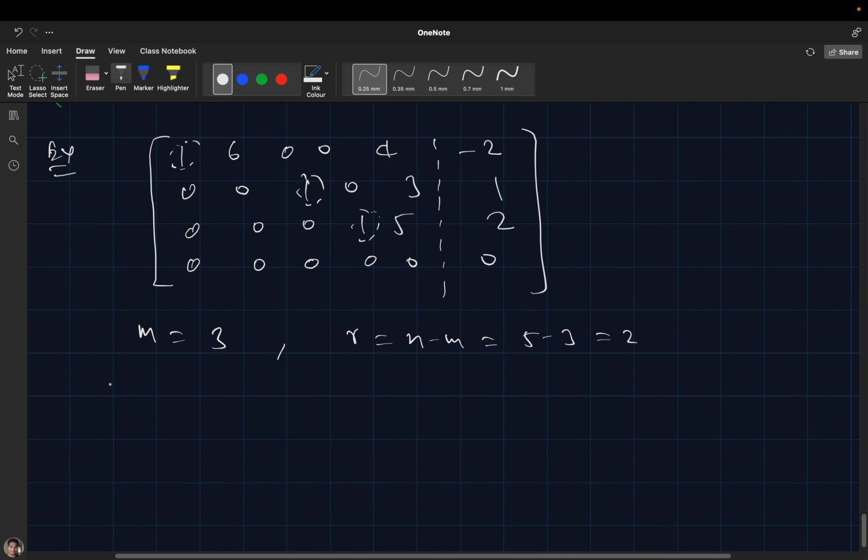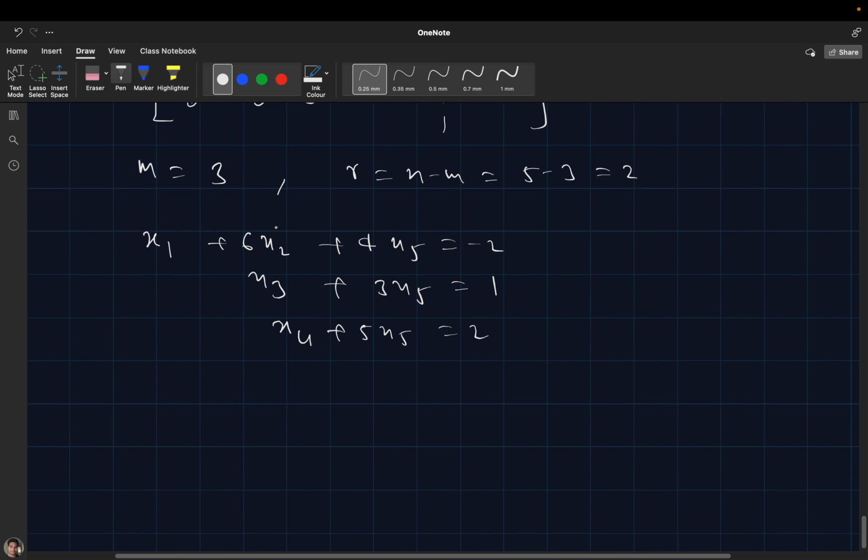You can directly write x1 plus 6x2 plus 4x5 equal to -2, x3 plus 3x5 equal to 1, x4 plus 5x5 equal to 2. So you can see that these kinds of variables are free variables.